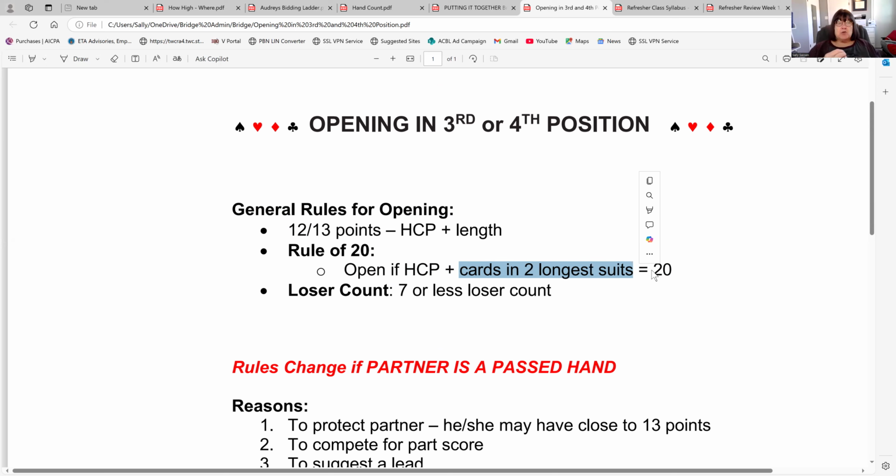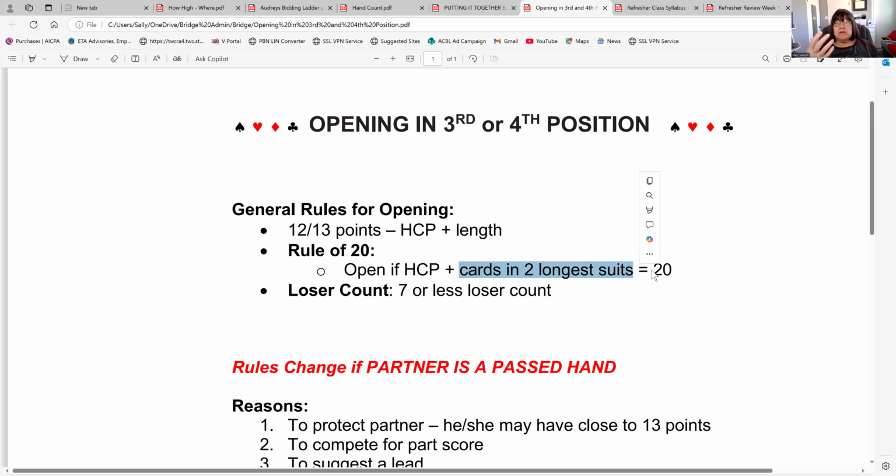So sometimes you'll open with even 10 high card points. If you have 10 high card points and 2 5-card suits, 10 plus 5 plus 5, that's 20. You can open even with 10 high card points.